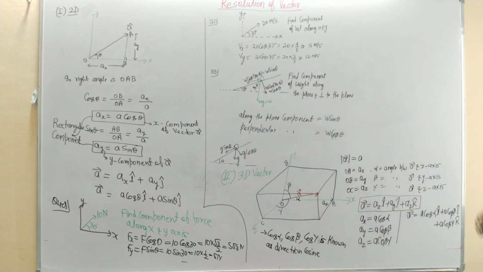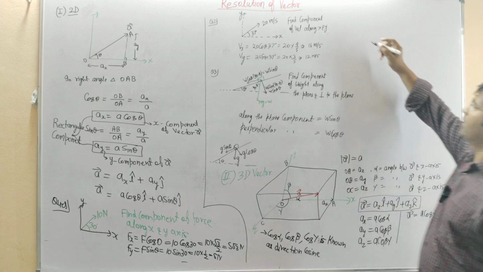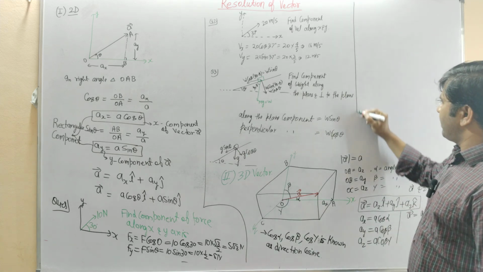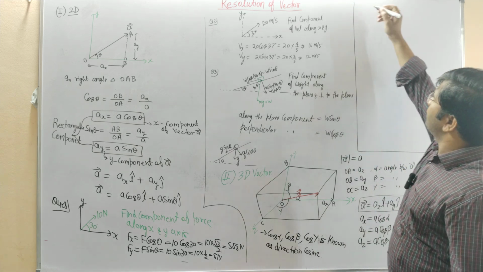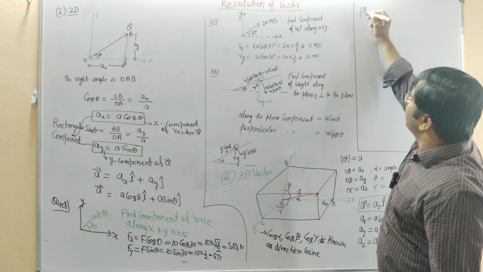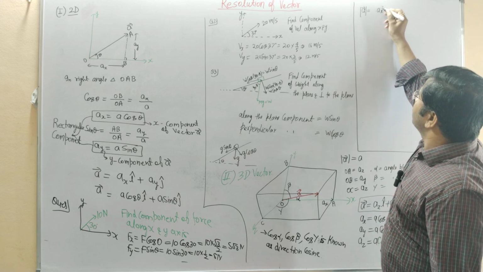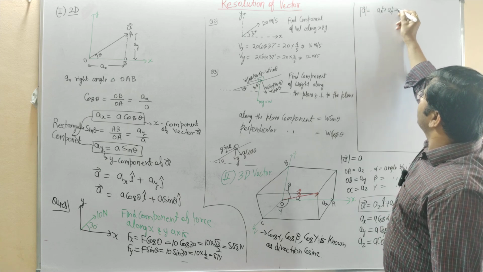So here the components of a vector we can calculate. Vector A is this one, with direction cosines cos alpha, cos beta, cos gamma. If I have to calculate the magnitude of this vector, it will be equal to the square root of AX square plus AY square plus AZ square.